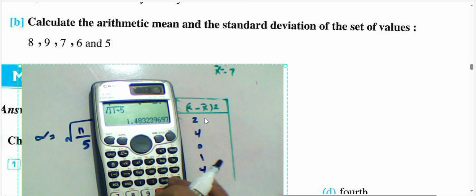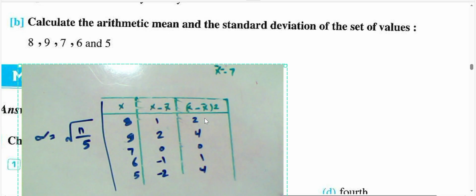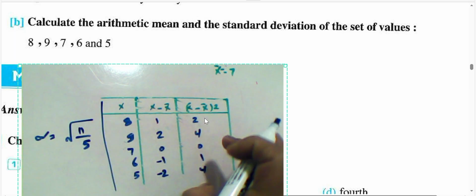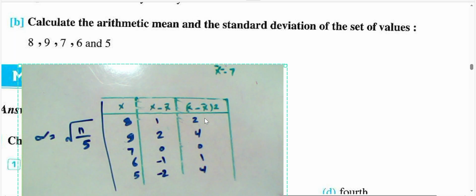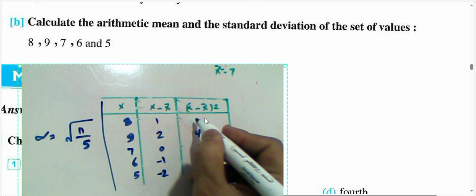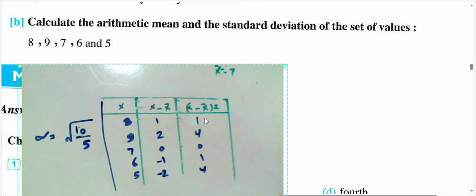The result will be 1.48. It's 10, not 11. Understood? Sorry, 1 power 2 is 1. It was 10 divided by 5, square root of 10.